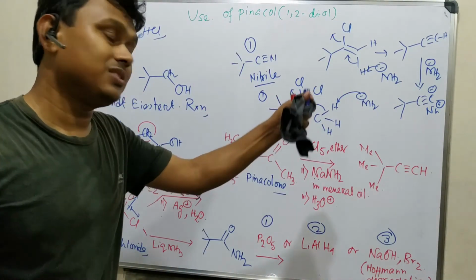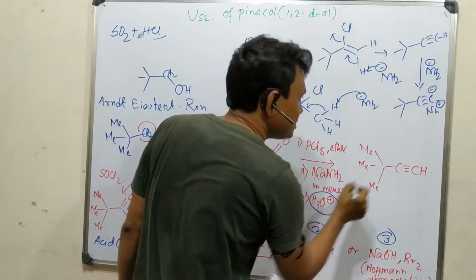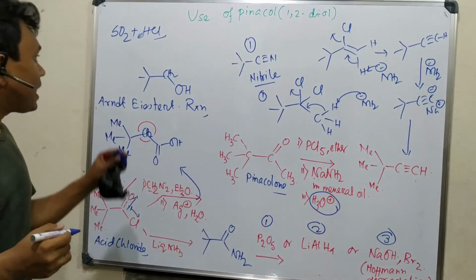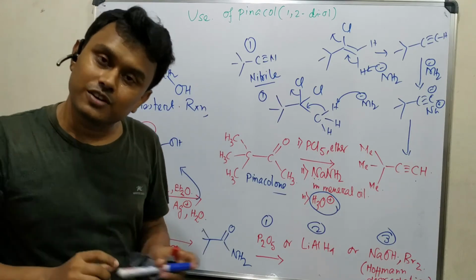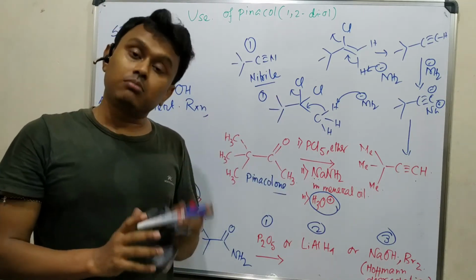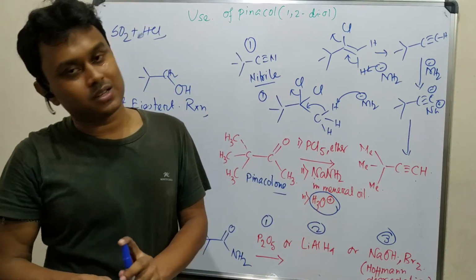Okay, terminal acetylene reacts with amide to form this acetylide. And after this, H3O plus means protonation, it will be protonated to form this acetylene. So I have discussed many of these transformations using different reagents. It will be very useful. Do practice. Some similar type of questions using similar reagents you may expect in the exam.